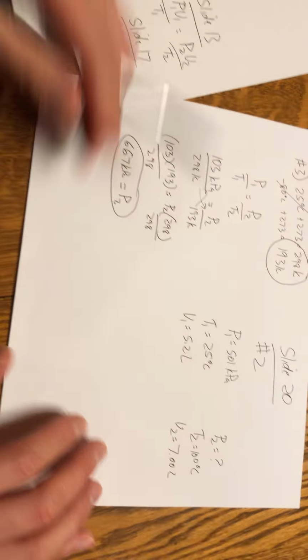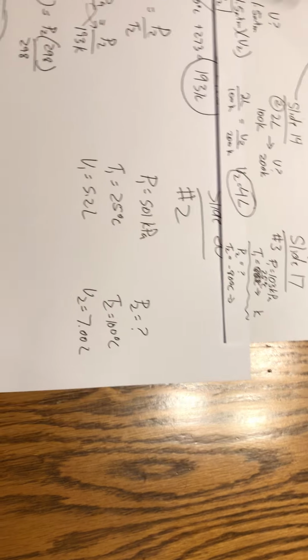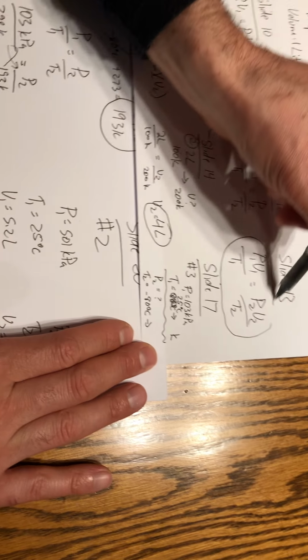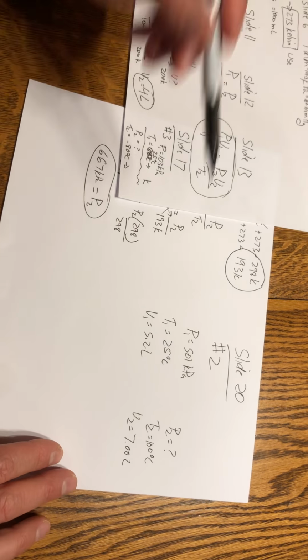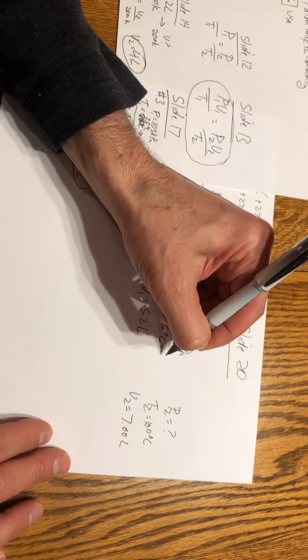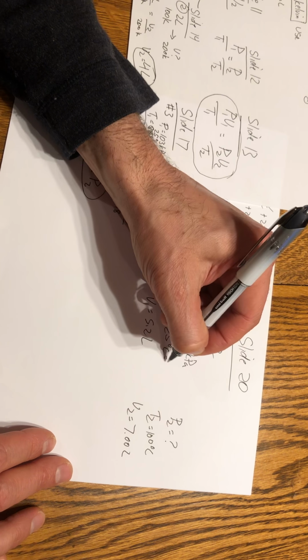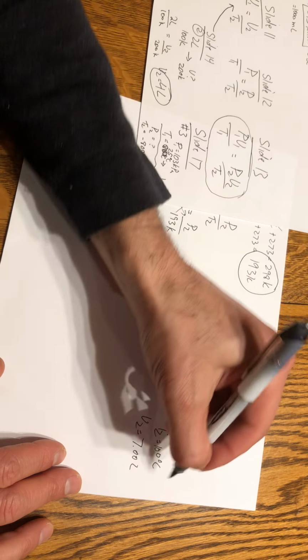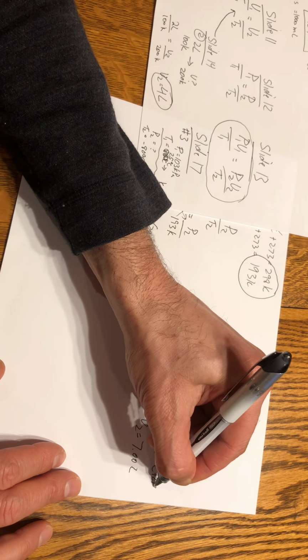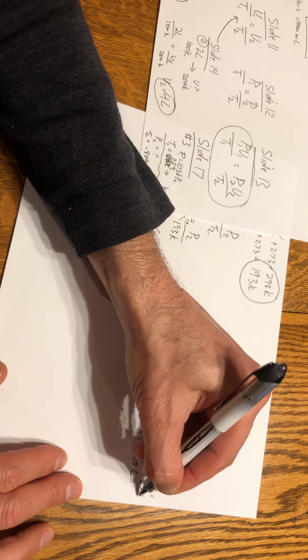Okay, so this is going to be this combined gas law where you have to use all the variables. Before I plug in, I'm going to convert these to Kelvin. So I'm going to add 273. So this is 298 Kelvin. I'm going to add 273. So this becomes 373 Kelvin.